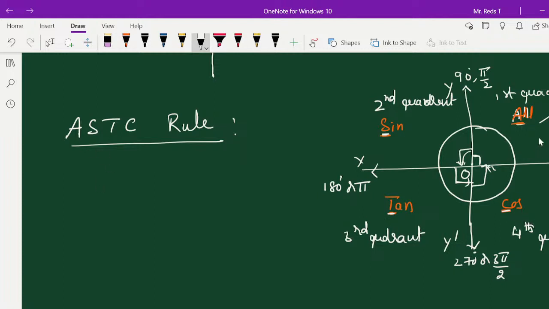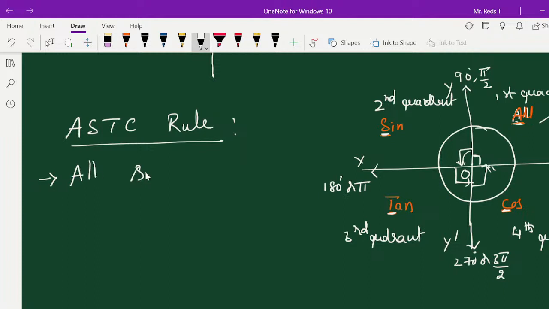If you consider the first letters, A for all, S for sine, T for tan, C for cos, we get A S T C. This is for remembering purposes. We are taking it as the ASTC rule. For the purpose of remembrance, we can expand this with a mnemonic: all silver teacups.